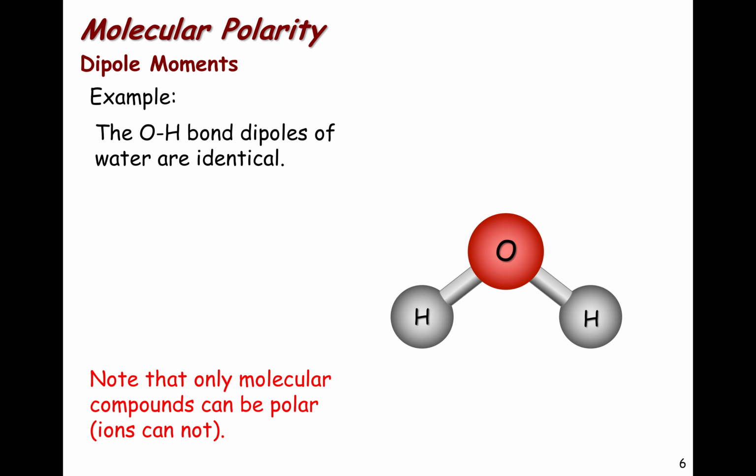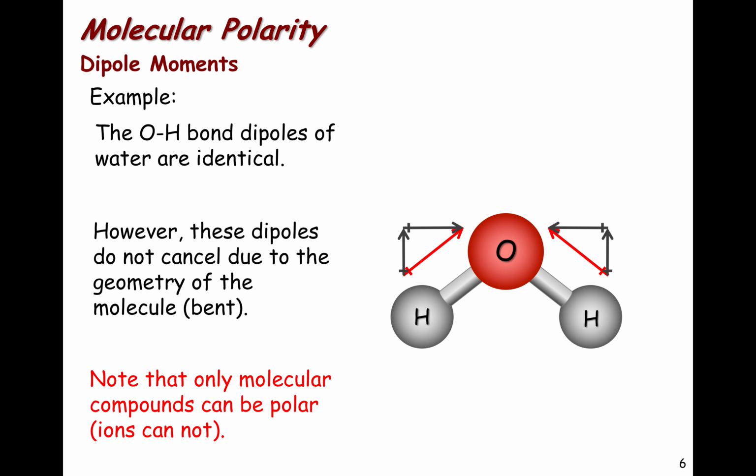If we look at a molecule whose shape is not linear, as in the case of water, the OH bonds have dipoles. They are polar covalent bonds, and they have vectors in which the oxygen is the more electronegative atom. And of course, there are two of these because of there being two OH bonds. The magnitude of both of these are the same.